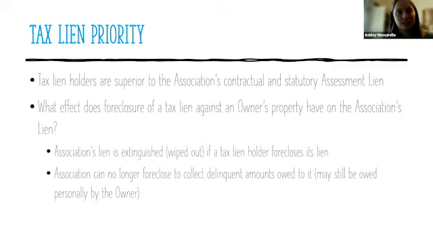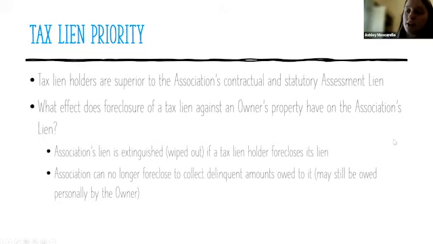And if that tax lien holder forecloses, our lien is wiped out. All hope may not be lost. The homeowners still probably owe the amounts personally, unless they filed for bankruptcy and got a discharge along the way. But the lien will be wiped out if the tax lien holder on a lot that a homeowner owns actually proceeds with foreclosure and nobody pays. That will extinguish the association's lien.